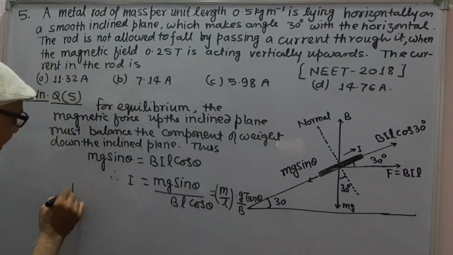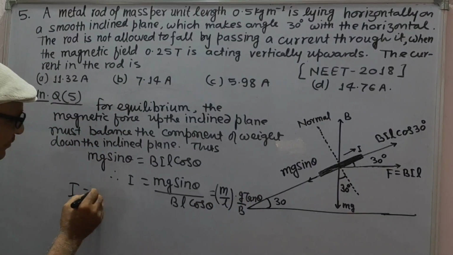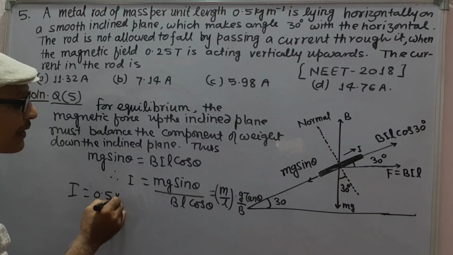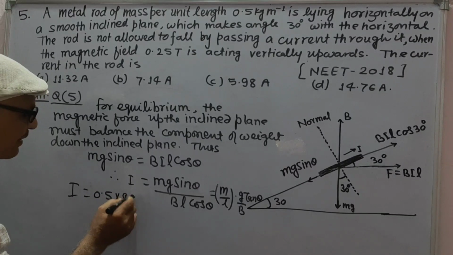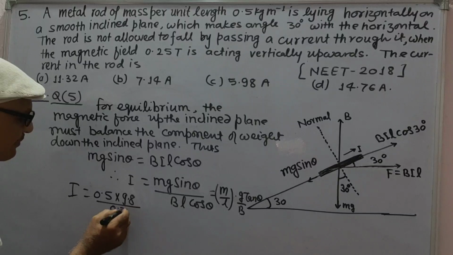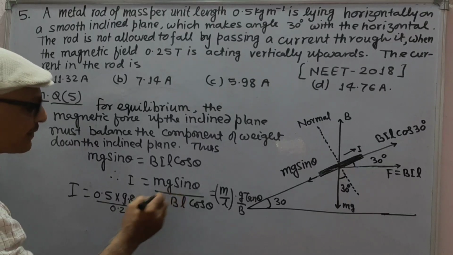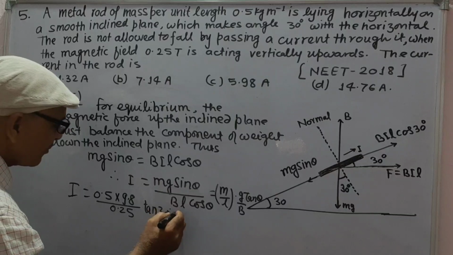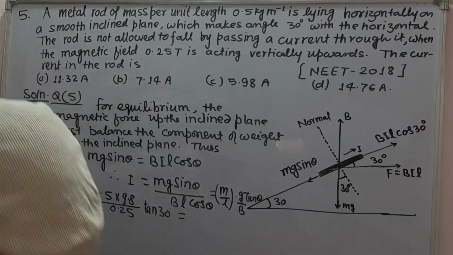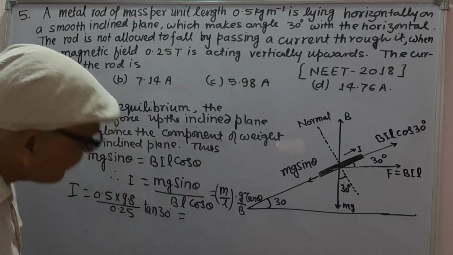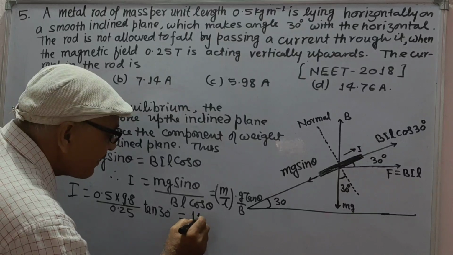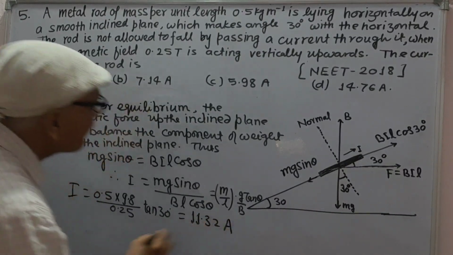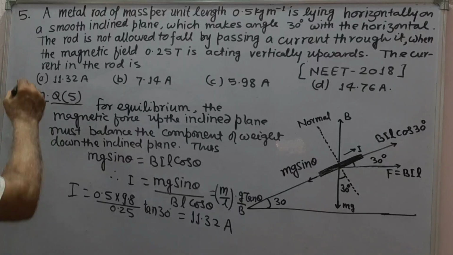So, I will be equal to mass per unit length 0.5, g is 9.8, B is 0.25 and tan theta is tan 30. So, we get the current as 11.32 ampere. So, the correct option will be A.